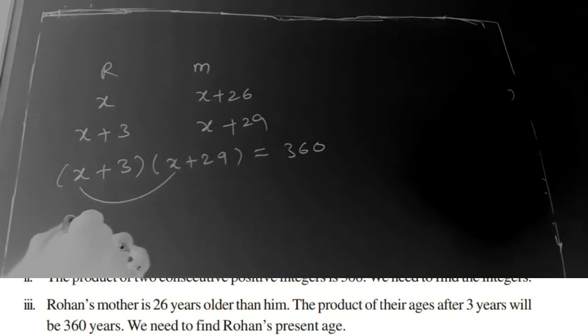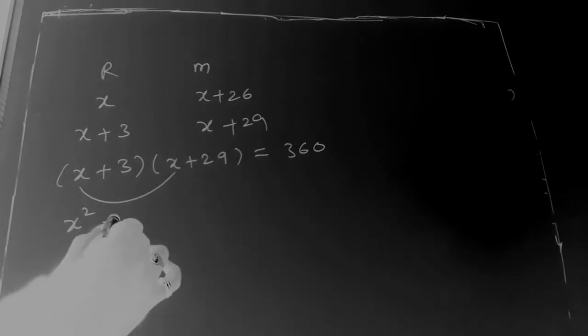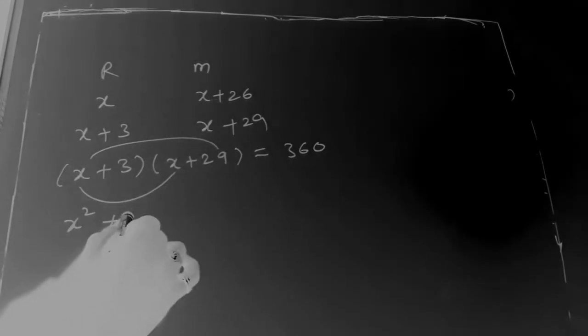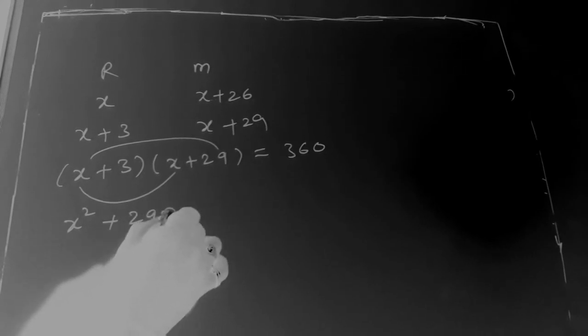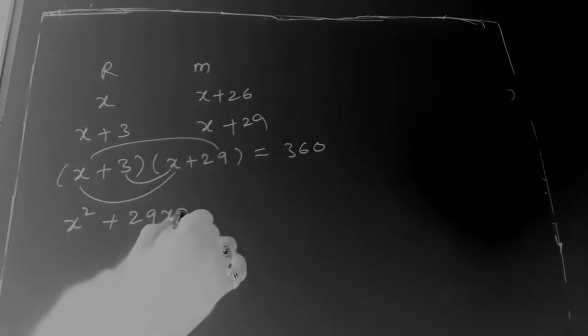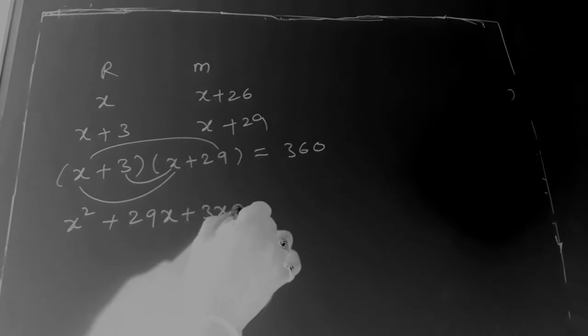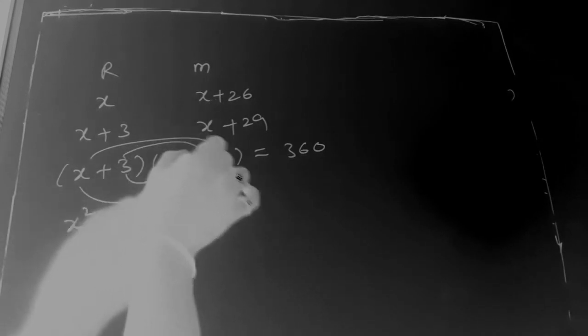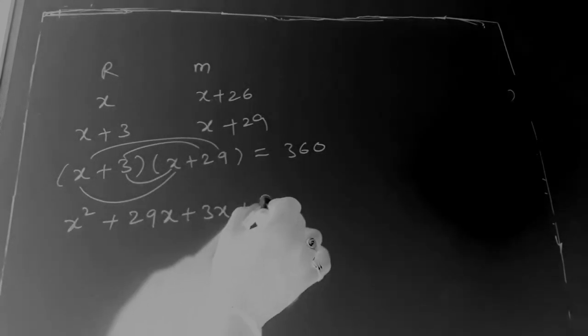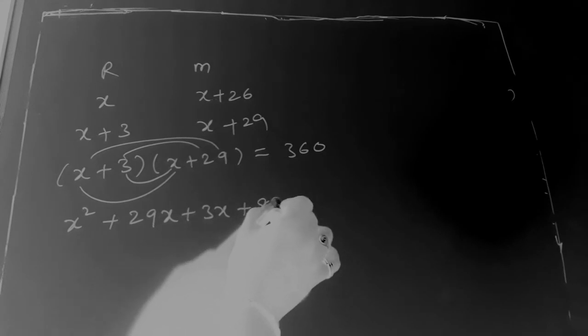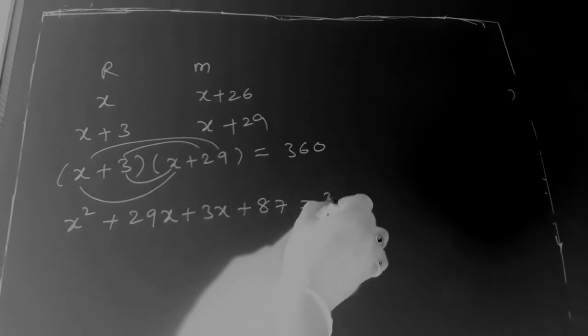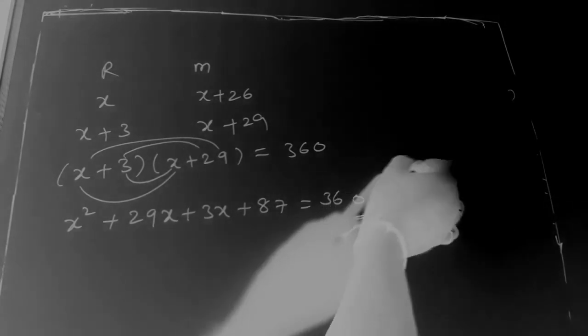So multiply x into x is nothing but x square, x into 29, 29x. Next 3 into x is nothing but 3x, 3 into 29 is nothing but 87. That is equal to 360.